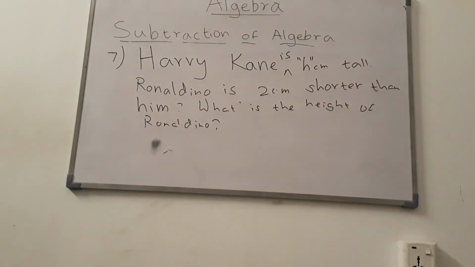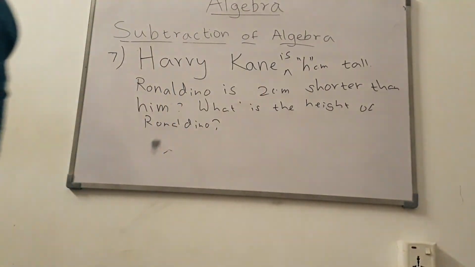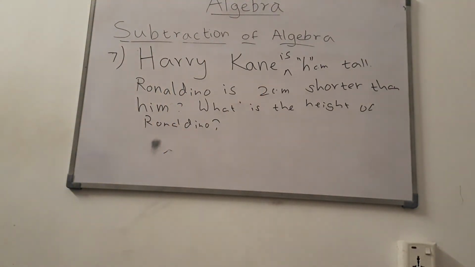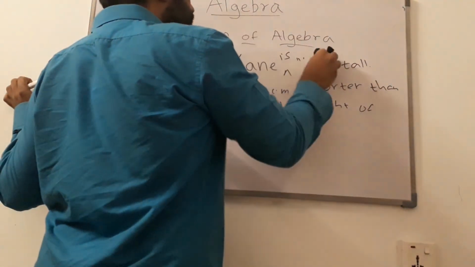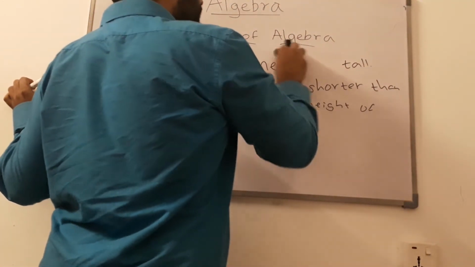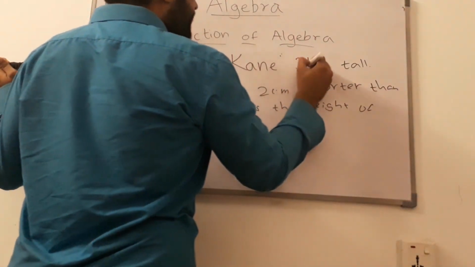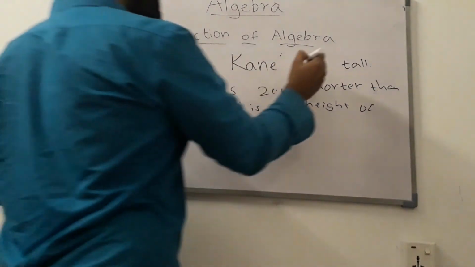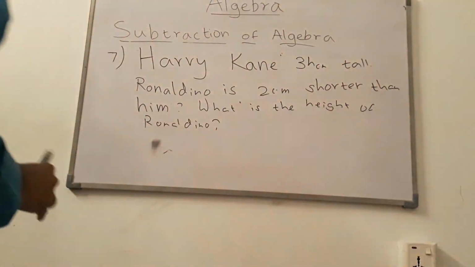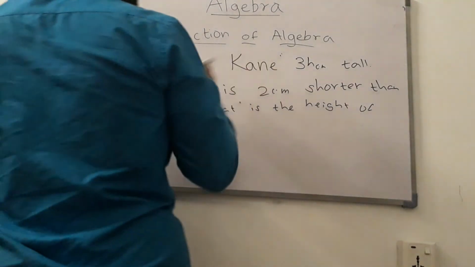Okay. Harry Kane is 3h centimeters tall. Keep it as 3h. Harry Kane is 3h centimeters tall.